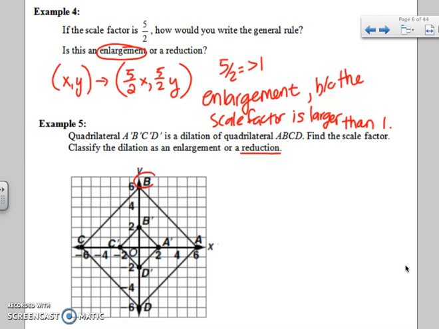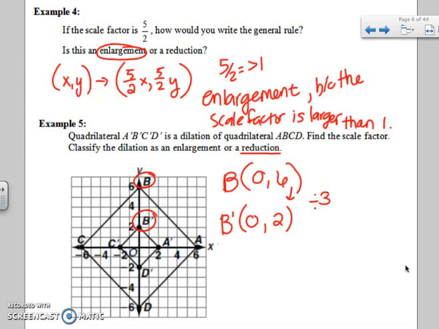Then you need to pick your favorite points. So I'm going to start with B. B was at 0, 6, and then B prime was at 0, 2. So basically you're going to ask yourself, how are you going to go from a 6 to a 2? Obviously we can divide by 3, but scale factor is a multiplication, it's a fraction.